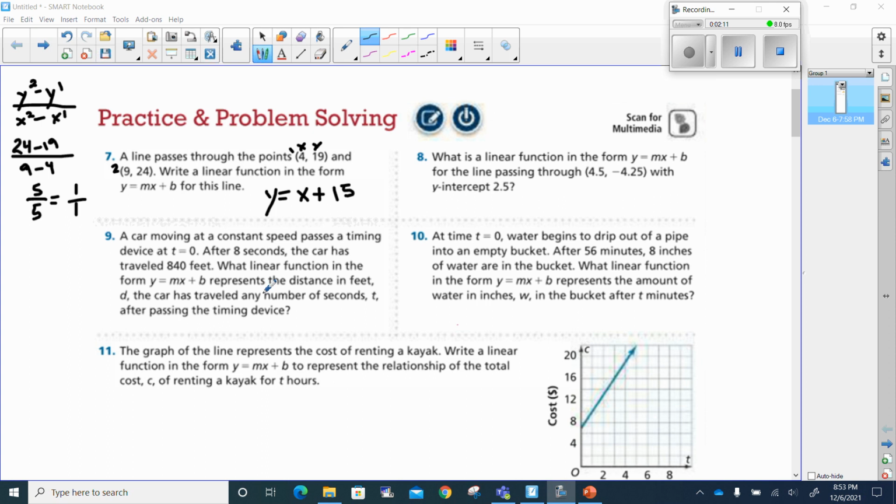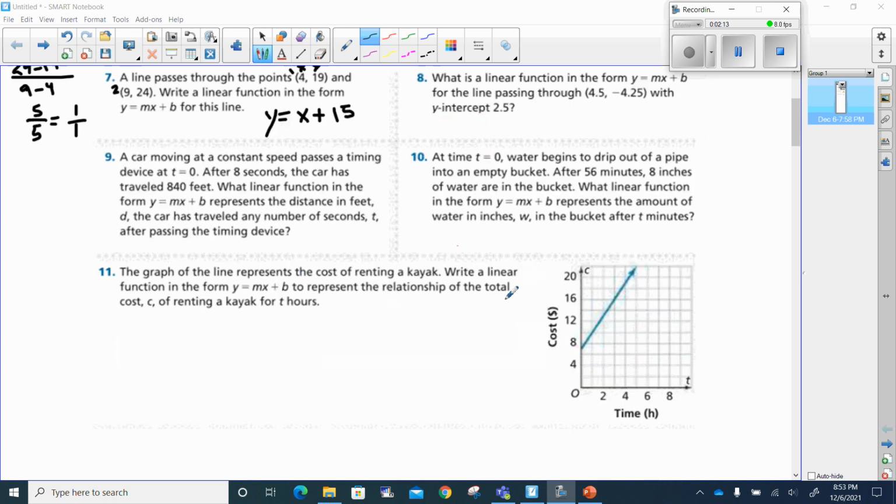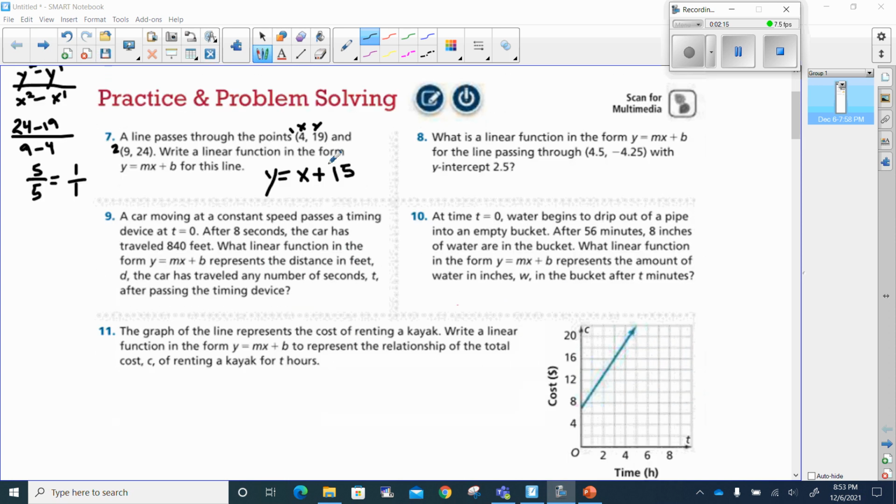Next, I'm going to number 11. Number 11, actually number 9, it says a car moving at a constant speed passes a timing device at t equals 0. Okay. It says after 8 seconds, the car has traveled 840 feet.